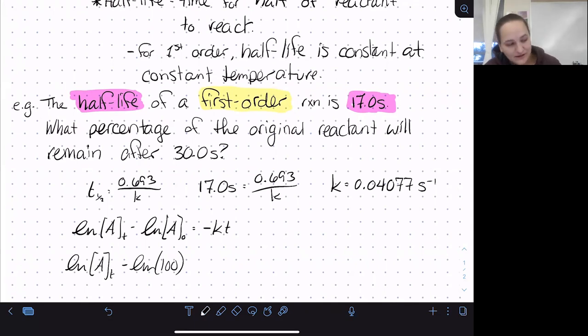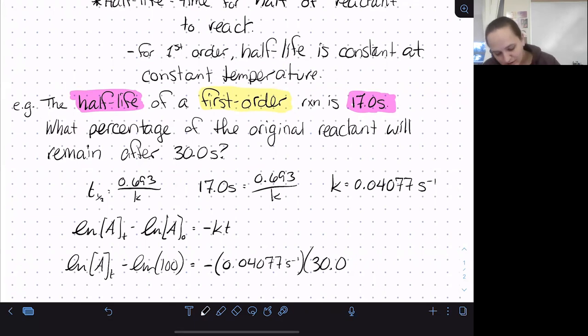And then since we put in a percentage for our initial concentration, we're going to get a percentage for our concentration after 30 seconds. So if we plug in everything we know, use the K that we just found, we were asked how much reactant is going to be left after 30 seconds. So that is the time that we want to plug in.